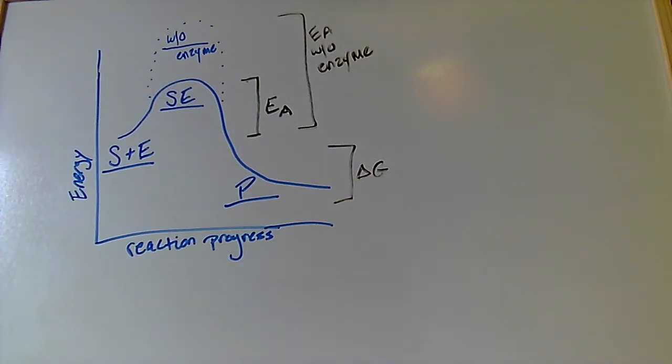So before we go any further with biologically specific metabolism, I want to step back a little bit and take a look at the enzyme kinetics that are going to be useful for thinking about metabolism.